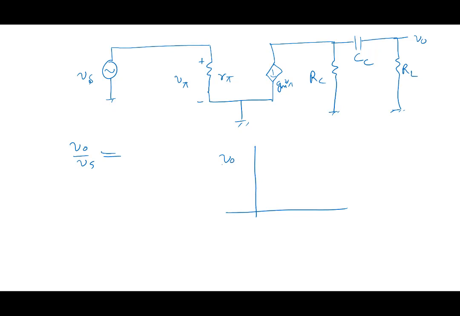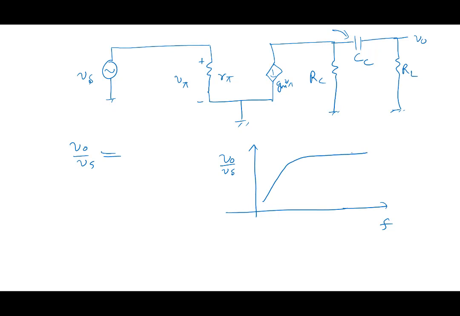If we plot V0 by Vs as a function of frequency, how will it look? So will it be low pass or high pass? High pass. You see clearly that this again acts as a blocking capacitor at low frequency, so again it will go like this.